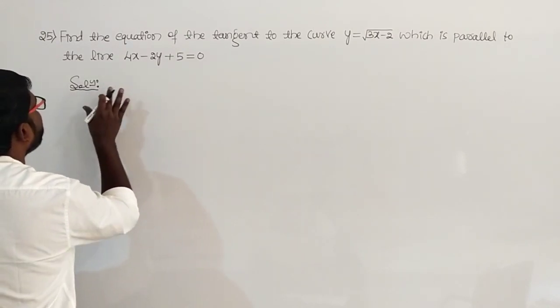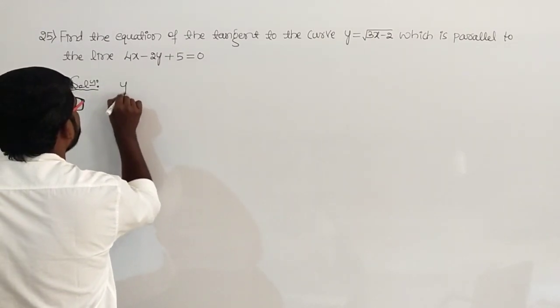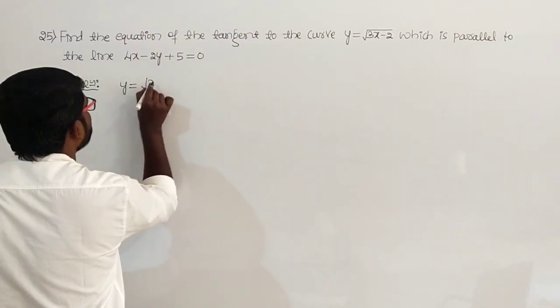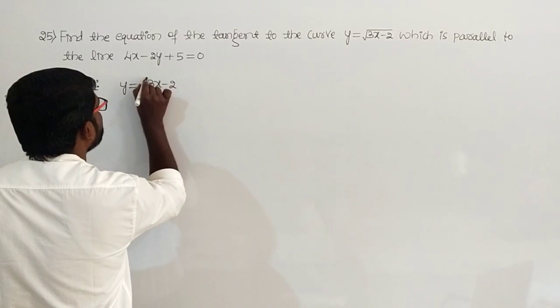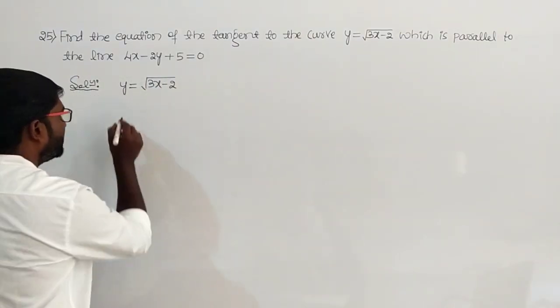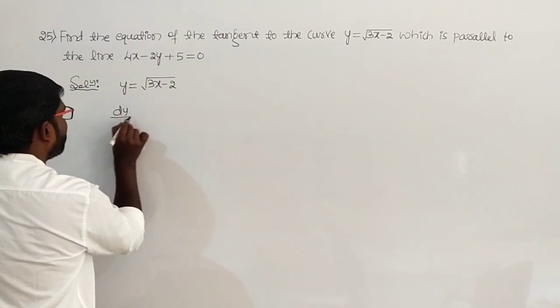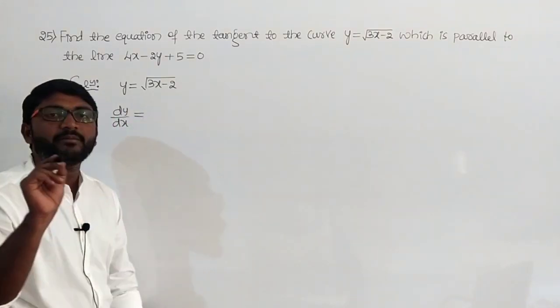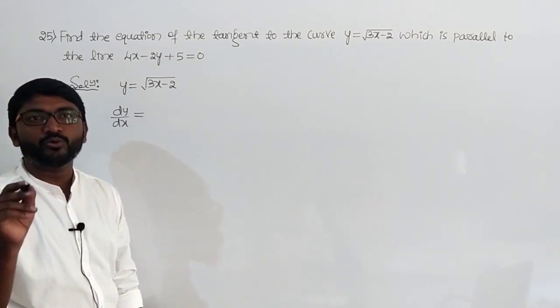So here, now I'll write the equation of the curve y which is equal to square root of 3x minus 2. Differentiate both the sides with respect to x, you get dy by dx, and this is there in the form of root x. What is the derivative of root x? It is 1 by 2 root x.